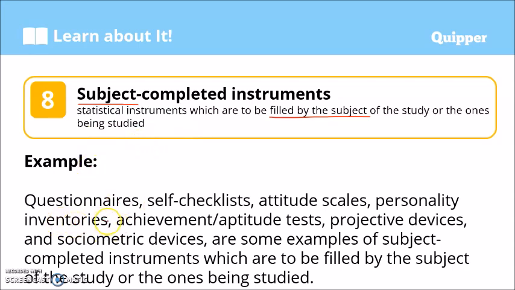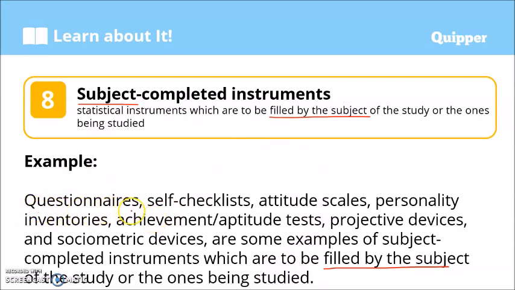Example, yung questionnaire, yung self-checklists, attitude scales, personality inventories, achievement or yung aptitude tests, projective devices, and sociometric devices. These are examples of subject-completed instruments which are to be filled by the subject. So, yung subject mismo yung magsusulat ng observation sa sarili niya.